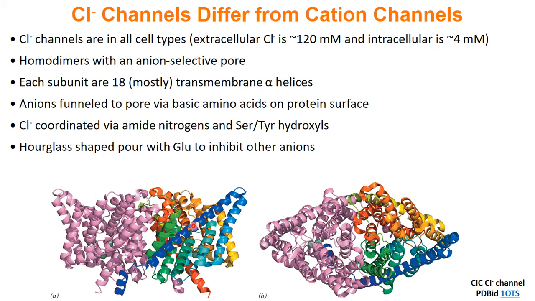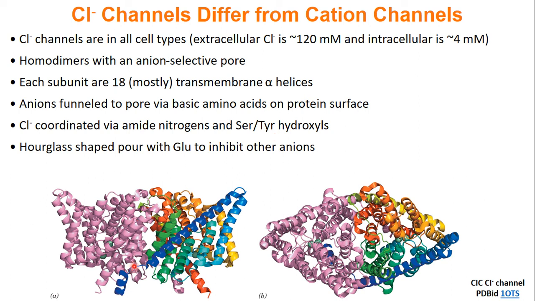And so the subunits are made out of transmembrane alpha helices, as shown from this picture, a bunch of alpha helices. And the anions funnel to the pore via basic amino acids. That is, you have positively charged amino acids on the surface that will bind your negative ions. Then, once in the pore, chlorine will interact with amide nitrogens and hydroxyls of serine and threonine to be passed down like a bucket brigade, like we talked about with the potassium pore.